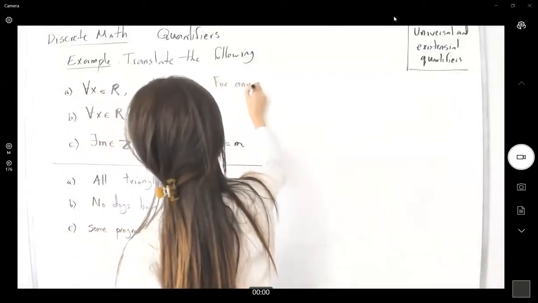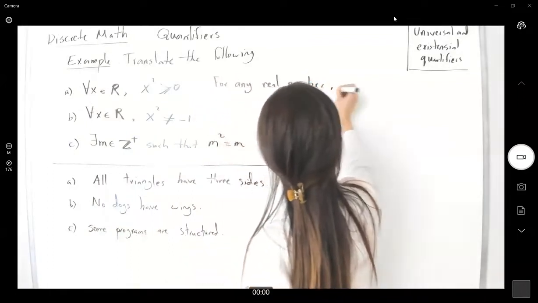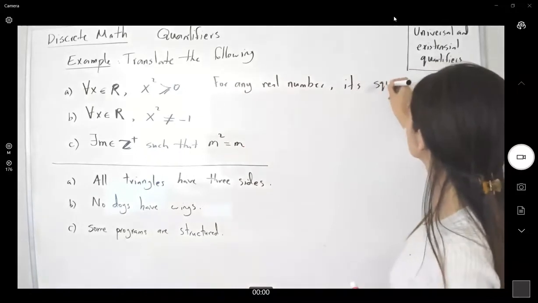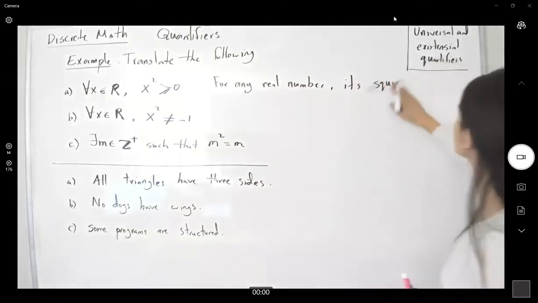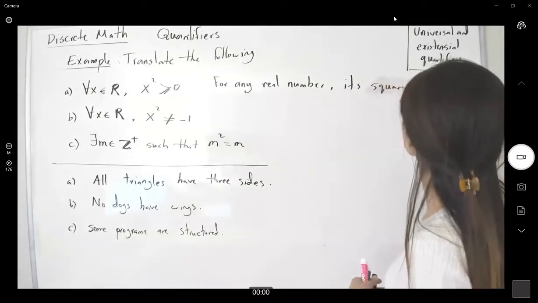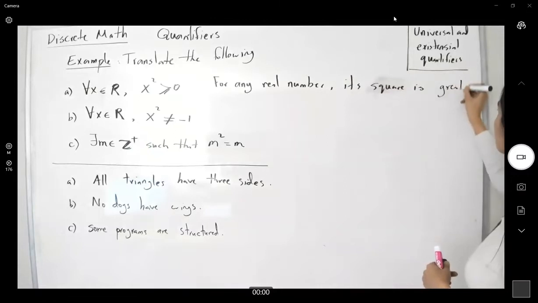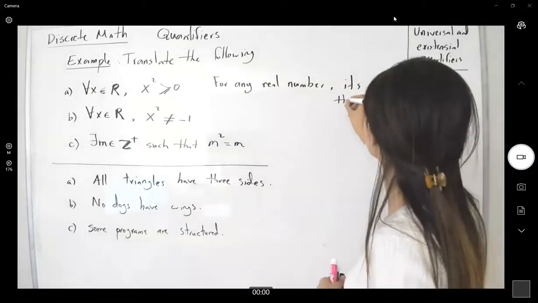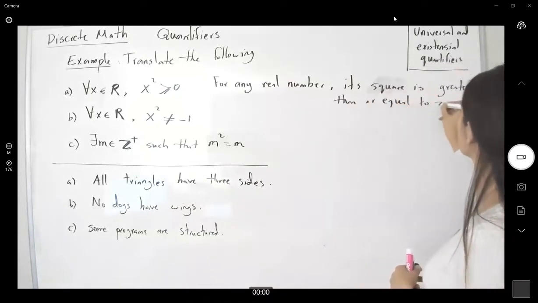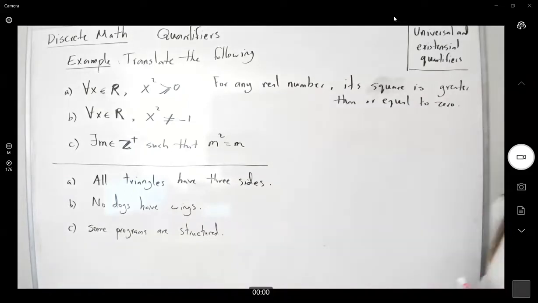For any real number, its square is greater than or equal to 0, or it is non-negative.